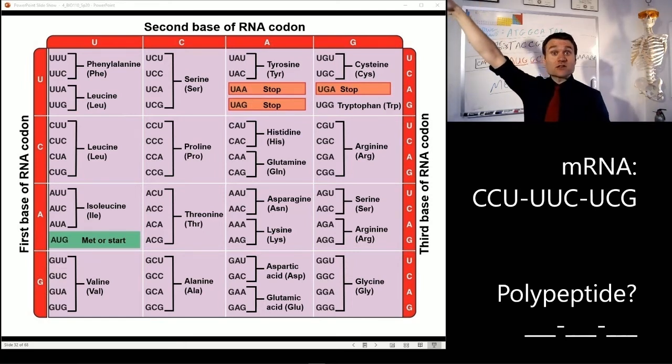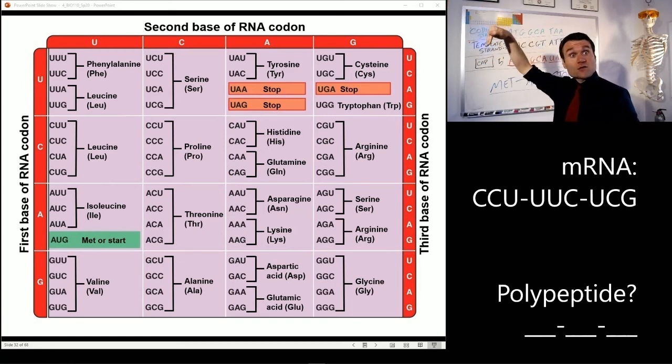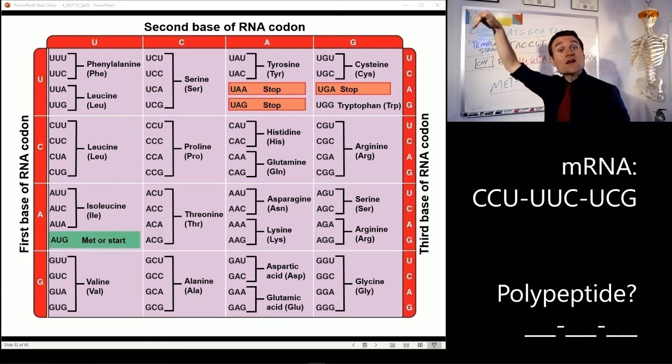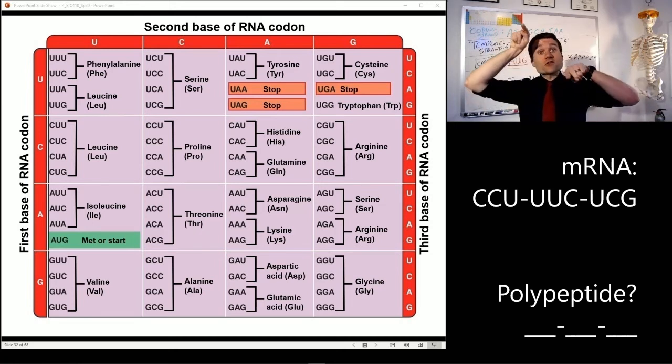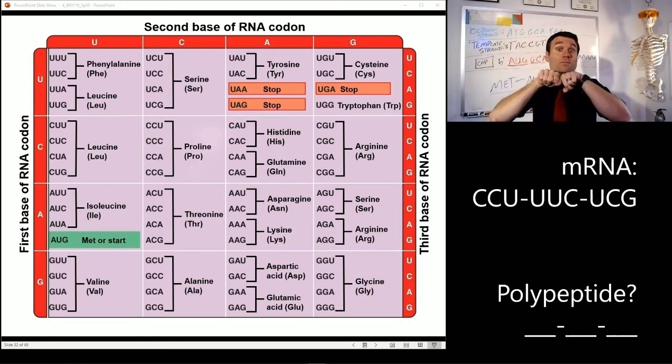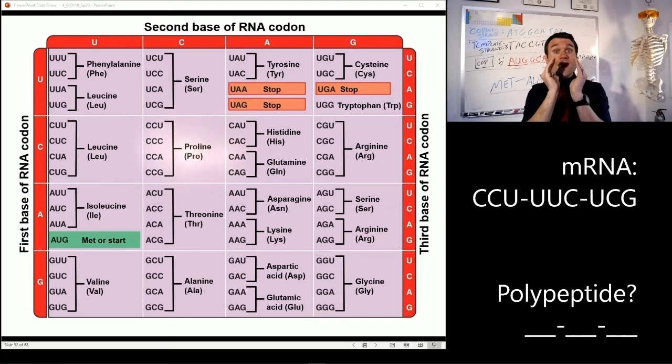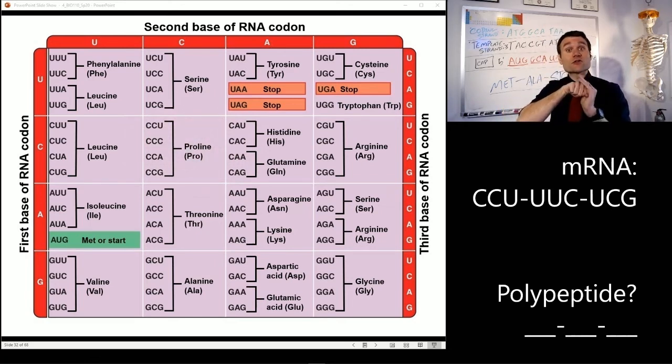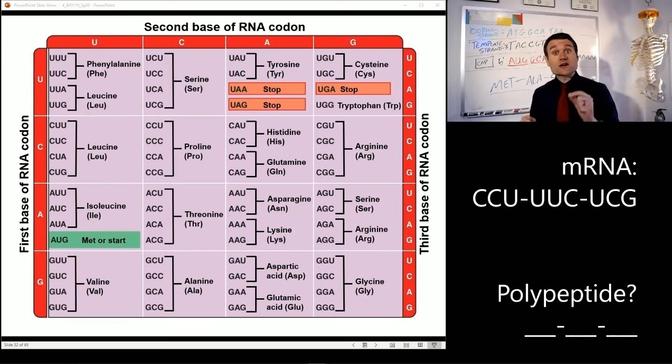The second letter U, so all of the UUs are in the top right-hand corner, and then right next to them is all of the UCs. So find the first and second letters and find the correct box that you're looking for. And then once you have the correct box, it's relatively easy to find the codon that you're searching for. So take a minute now and try to translate this RNA message at your desk. I'll wait.